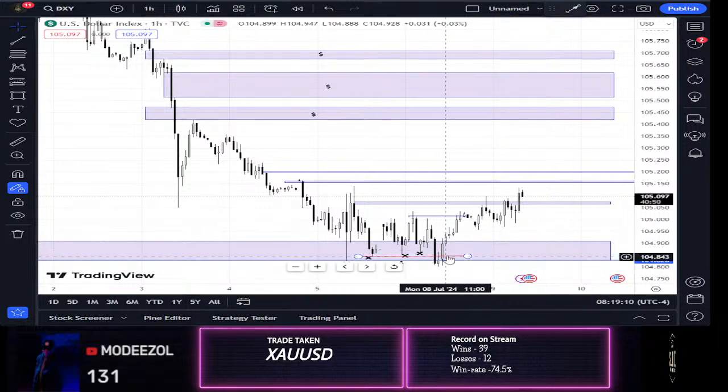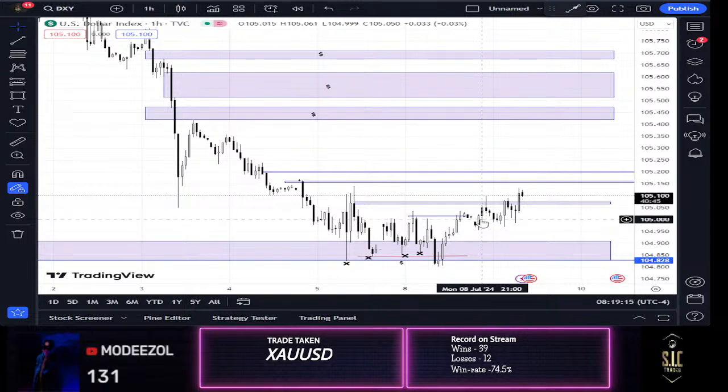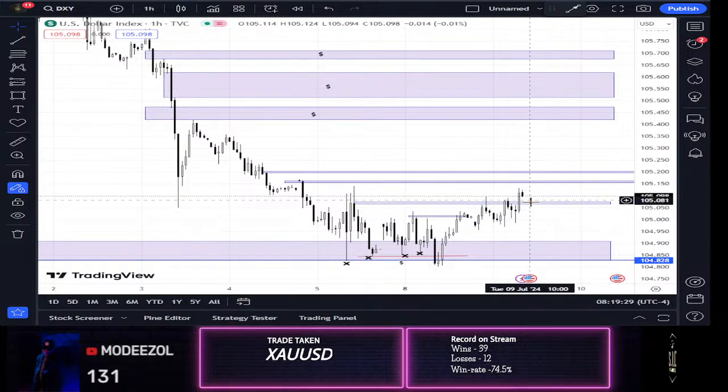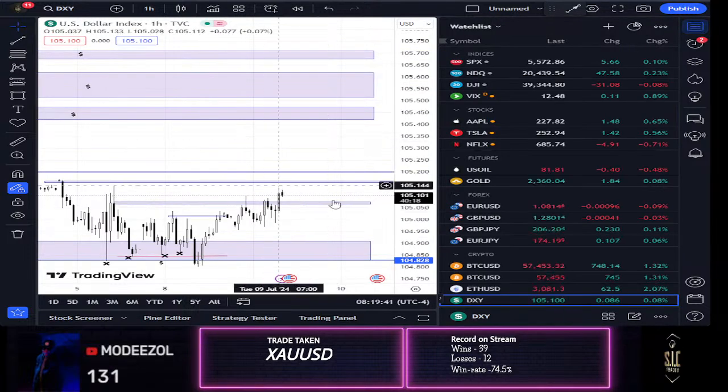It took these lows, ran back into insufficiency in price here, bounced up, built more insufficiency in price, came back down into it, pushed a little bit below it, ran it up, made insufficiency in price, came down into it, pushed a little bit lower, ran it up, made insufficiency in price, came down into it. So we're thinking down into this insufficiency in price, most likely gold is going to go maybe up, right? That's based off of this 1 hour candle.